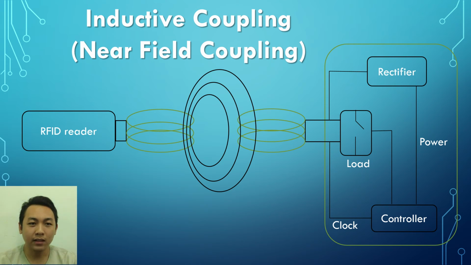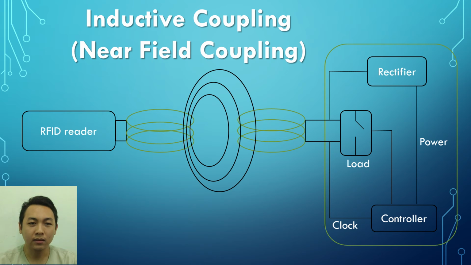As the RFID reader is sending a radio wave of a particular frequency, the voltage induced across the coil is also of that particular frequency. This induced voltage is also used to derive the synchronization clock for the controller.